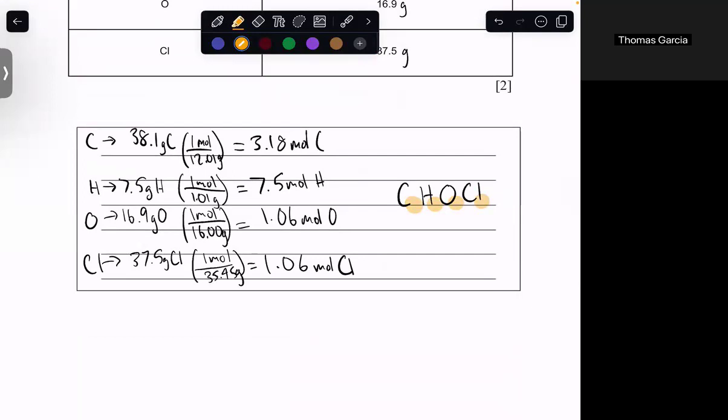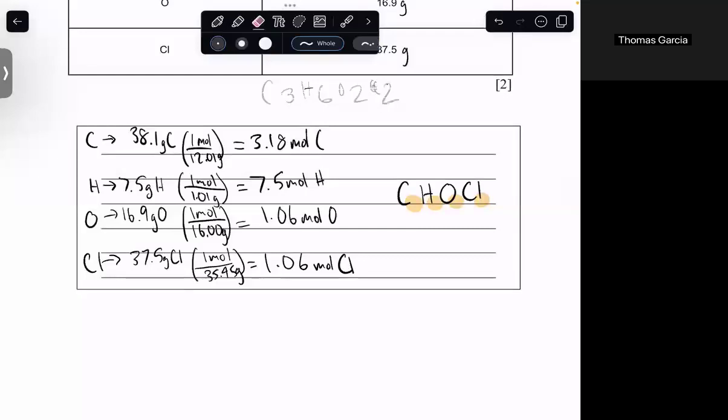So the way we can find that ratio is, if I said in maybe a different way, if I had the numbers 3, 6, 2, 2, I don't know, that would be a ratio of C3H6O2Cl2. But we don't. Instead, we have our numbers down here. So what we're going to actually do is just divide by the lowest one.